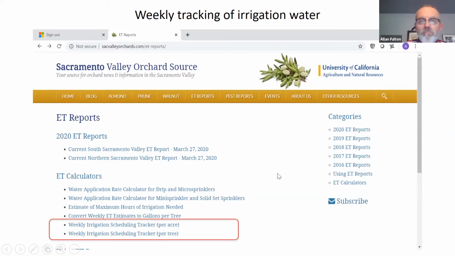For this purpose, because we're talking about the ET rates in inches per week, and we have our water application rate in inches per hour, I'm going to be using this weekly irrigation tracker designated as a per acre basis.